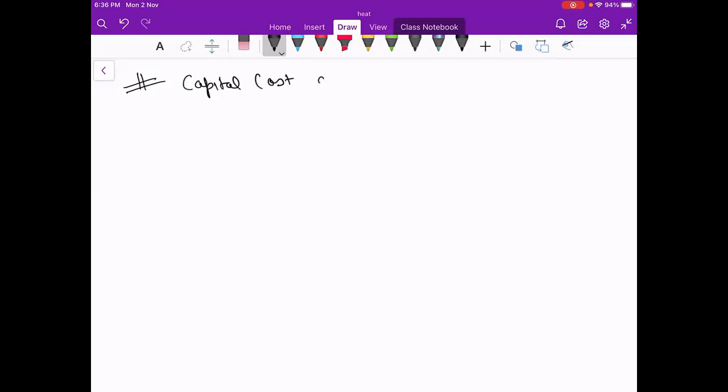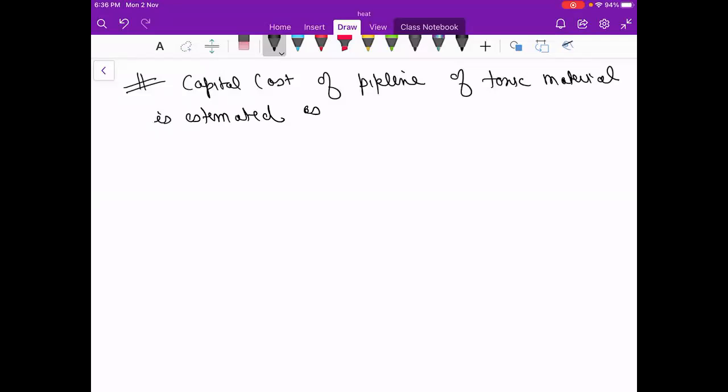Capital cost of pipeline of toxic material is estimated as 3d to the power 1.5 rupees per meter, where d is the diameter.